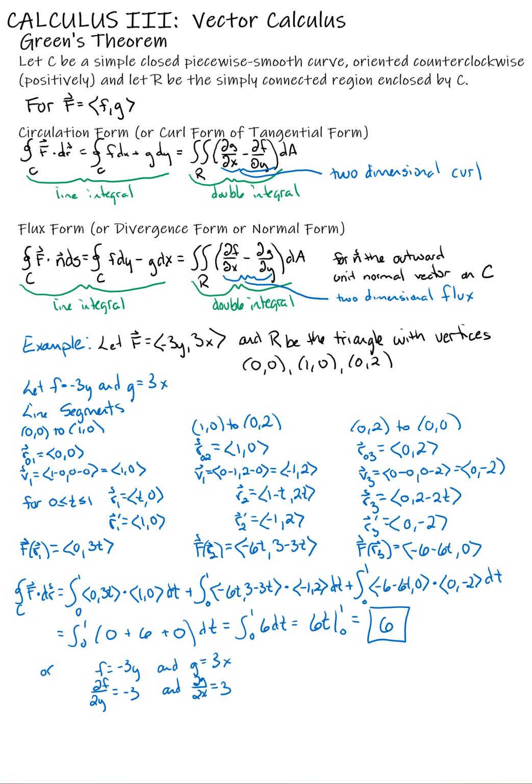All right, so again, I'm looking at using this double integral here. We're still in the circulation form: partial of g with respect to x minus the partial of f with respect to y. All right, so I think we're ready to set up our integral. So notice this is equal to the line integral, but I'm going to write out the double integral.